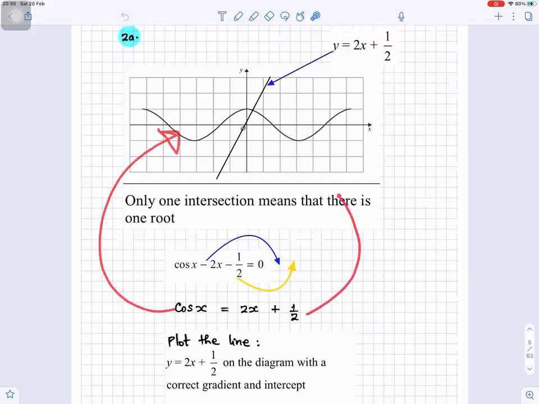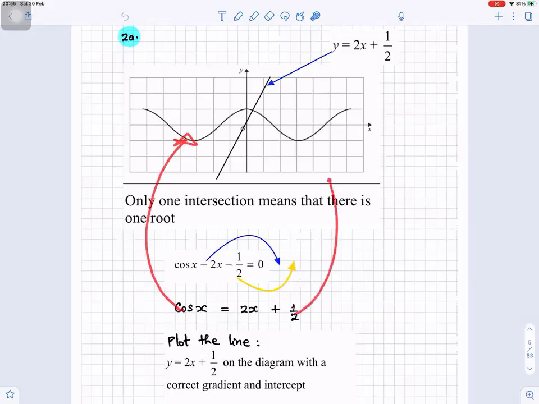On the right is the line 2x plus a half. Because they are equal, you want to find where the graph and the line meet. They only meet at one point, so there's only one intersection and one root.